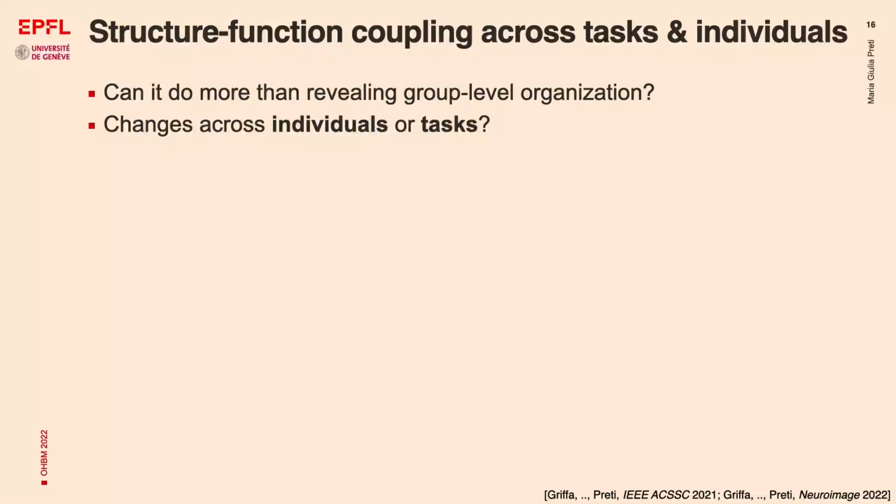But okay, all this was related to a group level organization on healthy subjects and during resting state. So do these measures of structure function coupling also characterize different subjects, or do they characterize tasks? What happens when we are doing a task in the scanner?